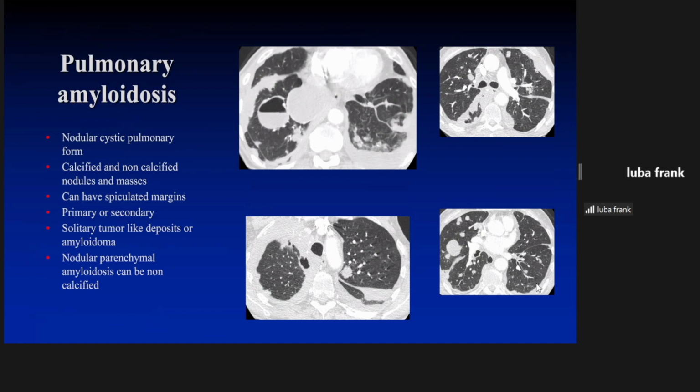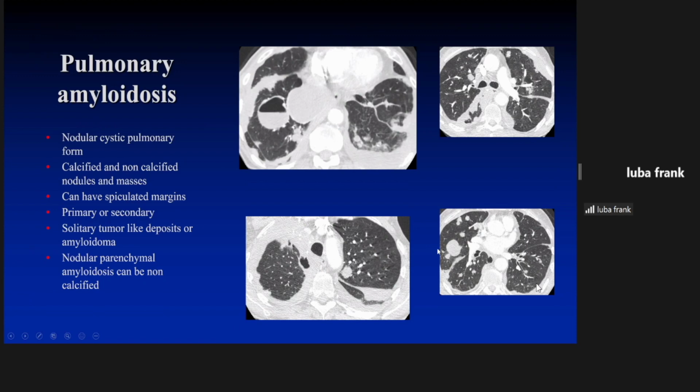It could be nodular or nodular cystic pulmonary form, as in this particular case. So there are multiple lesions in the lung parenchyma, but also involvement of the pleura as well. And you can see that those cavitary lesions have fluid within them and a significant air component as well. There's pleural involvement, near circumferential pleural involvement here.